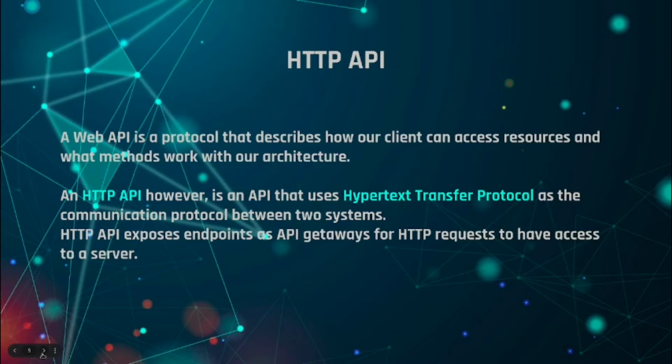An HTTP API, however, is an API that uses hypertext transfer protocol as the communication protocol between two systems. And also, it exposes endpoints as API gateways for HTTP requests to have access to a server.